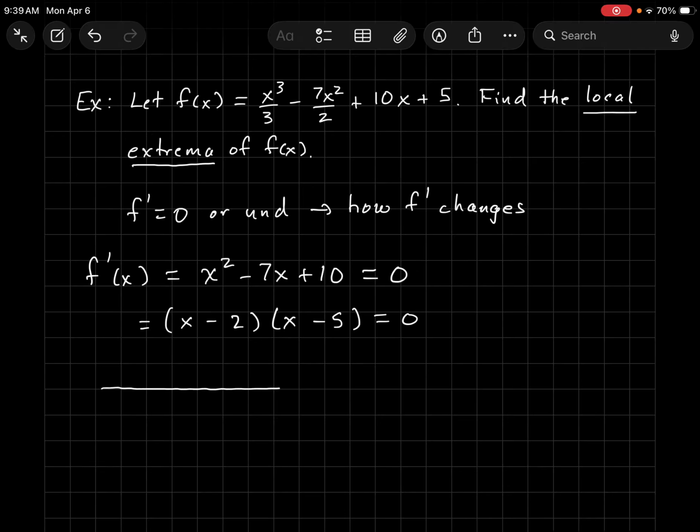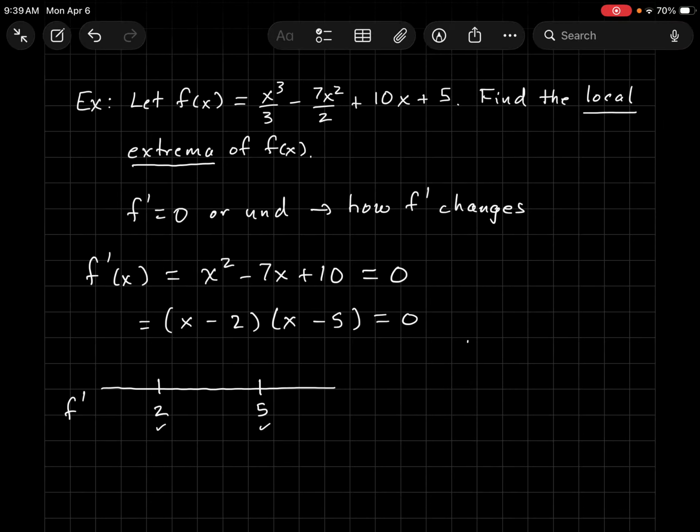I'm going to use a number line like this and place my critical values, x equals 2 and x equals 5, on this number line. And then I'm going to make a sign chart. If you haven't seen this before, the only places where my function, in this case f prime, can change signs is at the critical points. So we can choose any other x value on each interval and see what happens.